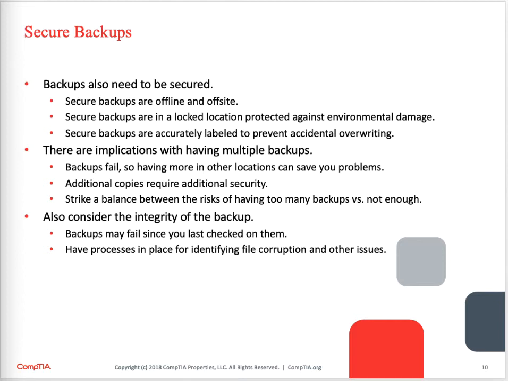There are implications when having multiple backups. While it may seem rare, there are occasions where a backup is corrupted or lost at the same time as your primary data set. Think of it like this: if you have additional copies of something in your house, and your house catches on fire, those backups are gone, right?